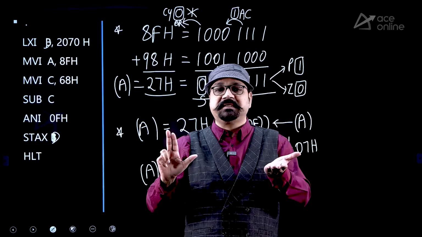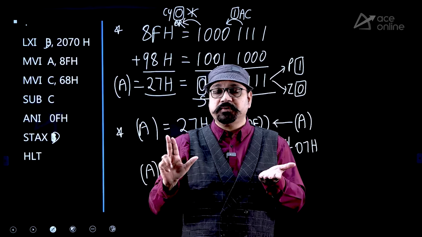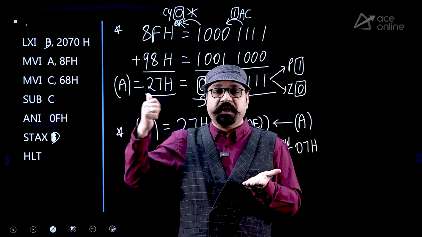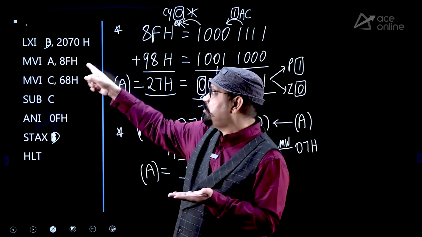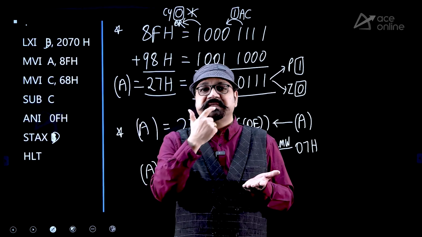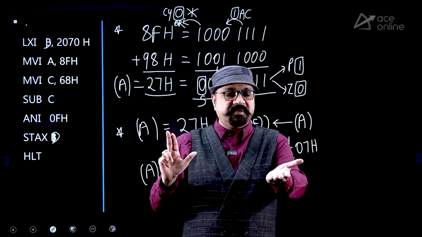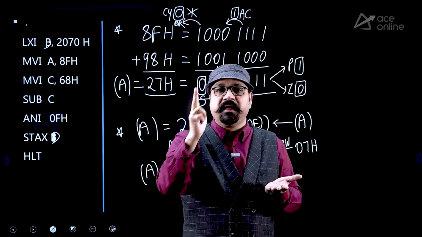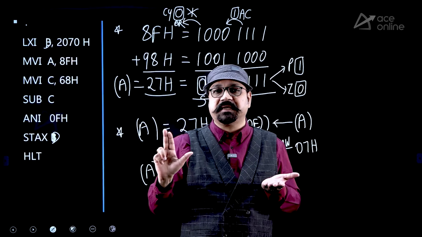Out of these 3 buses, which bus will be used first? Address bus. If the location is a student, I will generate a roll number, that is 2070. So I will send the address first, then I will send the data. What is the data? 07. Then I will generate a write control signal. 3 clock cycles are required.